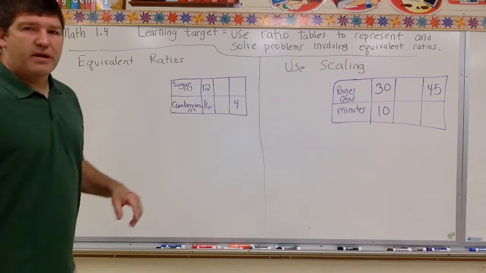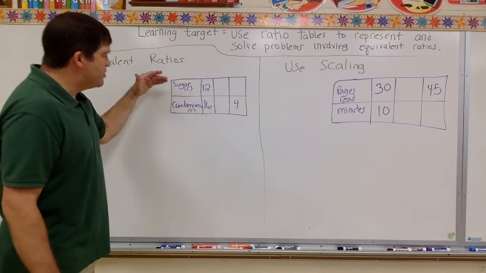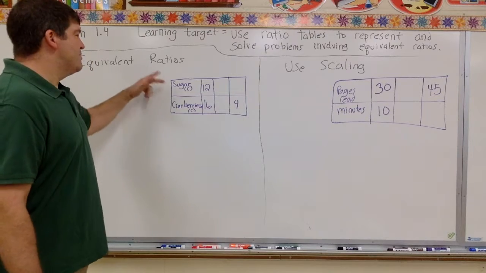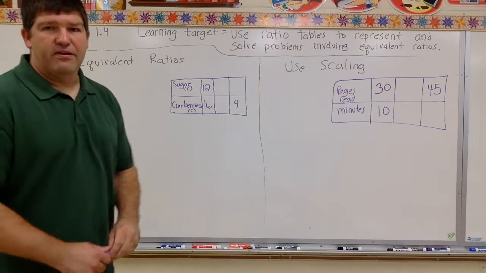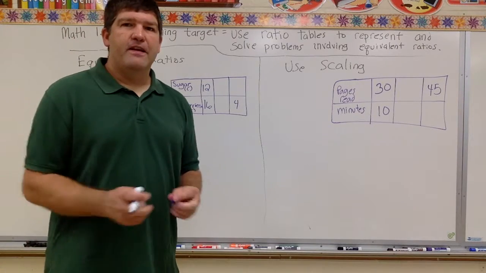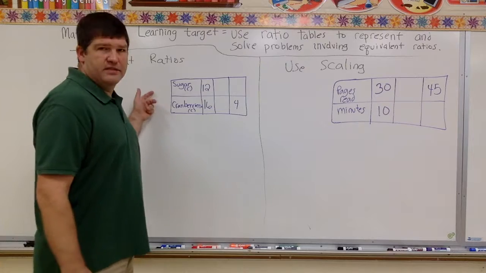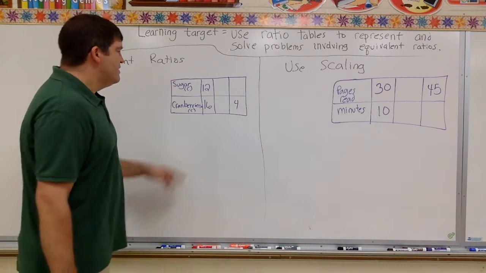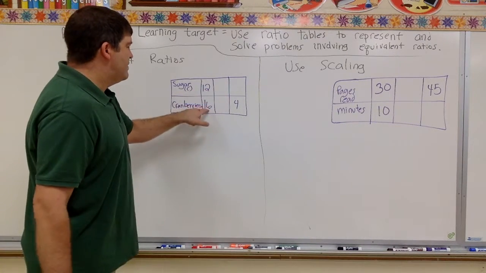If you're going to make some cranberry jam, you're going to need a ratio of so much sugar to so many cups of cranberries. And the ratio is 12 cups of sugar to 16 cups of cranberries. Now, I can find equivalent fractions, equivalent ratios to fill this chart. So I'm going to 12 and 16.